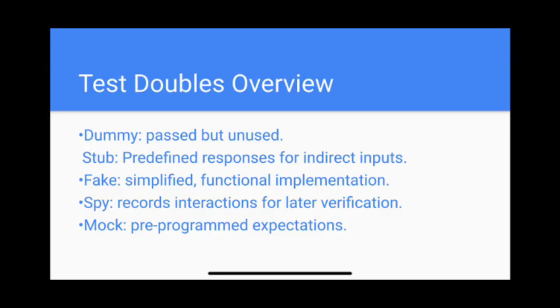A spy records details about how the SUT interacts with it, what methods were called, and with what arguments, and supports interaction tracking. And finally, a mock contains pre-programmed expectations and is used for behavior verification, failing the test if the expected interactions don't occur. Test doubles make unit tests stable, predictable, and aligned with modern clean architecture, dependency injection, and continuous integration practices.